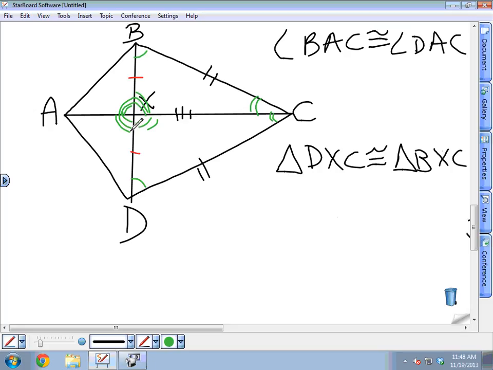Then my grand finale, solving the problem. So now what do I have? I'm still trying to prove that this angle BAC is congruent to this angle. You have a side, and you have... Jordan, what do you think we do next?